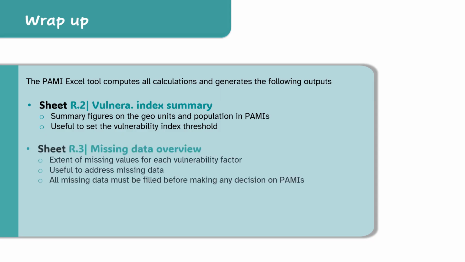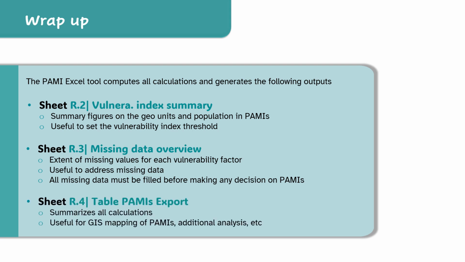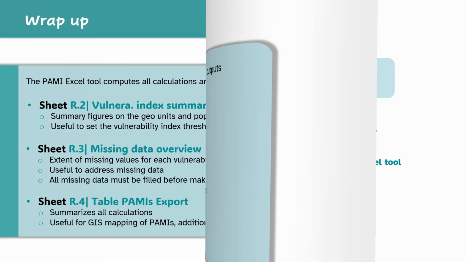Sheet R3, Missing Data Overview, shows the extent of missing values for each vulnerability factor. This is useful to guide discussions on the best strategy to handle missing data for each vulnerability factor. All missing data must be filled before making any decision on PAMI. Lastly, Sheet R4, Table PAMI Export, summarizes all calculations. It can be used for additional analysis.